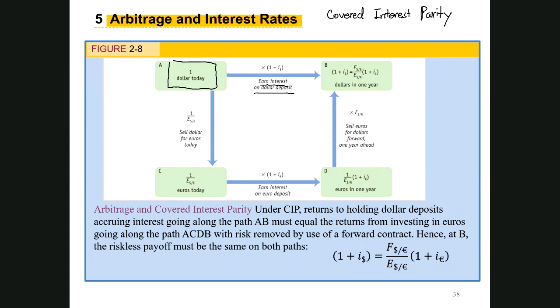So after a year, how much will you get? You will get 1 times 1 plus the interest rate amount of money, right? If you don't switch your currency, you just simply deposit in a US commercial bank. And this is supposed to be the amount of money that you should get after 1 year.